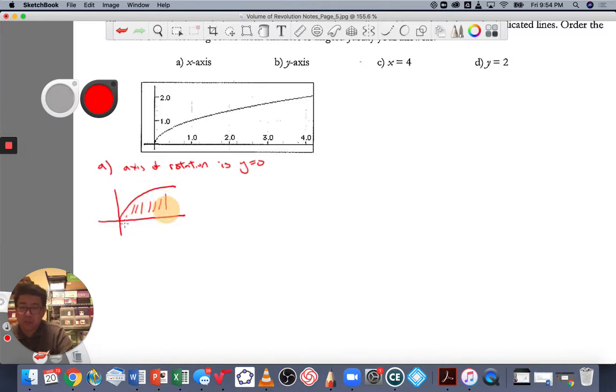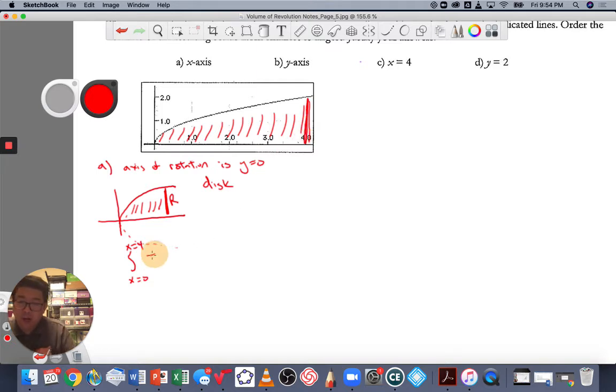You're going to rotate it around the x-axis, and it's going to create what we call a disk-like situation. This right here would be your r, and it'll go from x equals 0 to x equals 4.